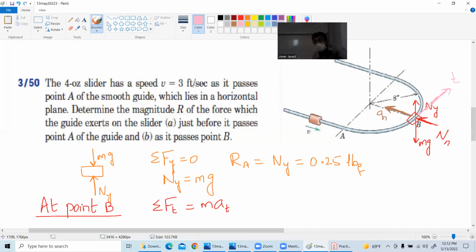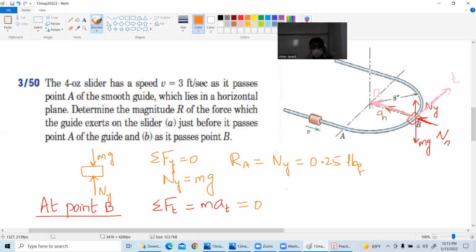Now, one of the students asked me, if you are trying to use the polar coordinate system, what about theta dot and theta double dot? That's what I advised him, that cracking this problem with normal and tangential will be convenient. So now I will say summation of forces m a_t equal to, who said that?